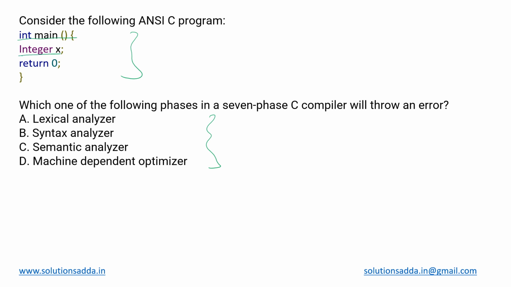But coming to the second line, integer x. Here, what happens is integer and x. The first phase of the compiler, which is the lexical analysis phase, as we all know, what will it do? It will check for this integer x followed by the semicolon, and it will find that all of them are valid identifiers. So it will treat this integer, x, semicolon, all of them as different tokens.